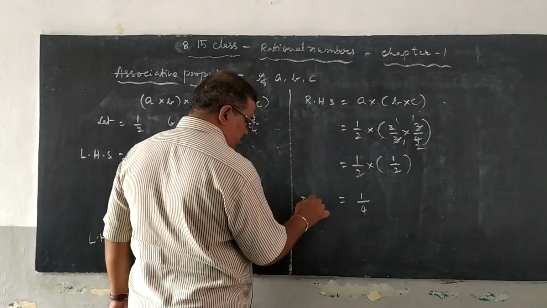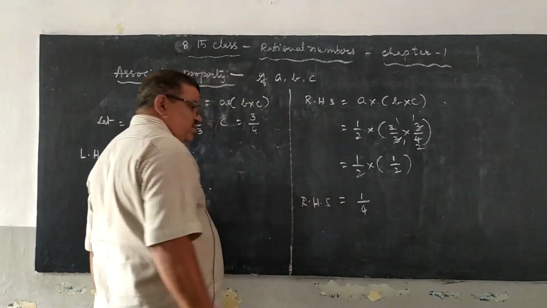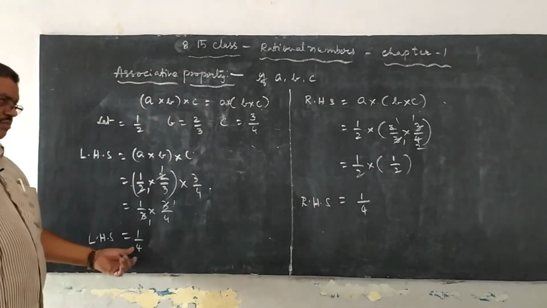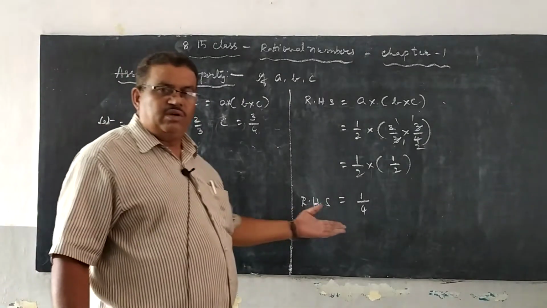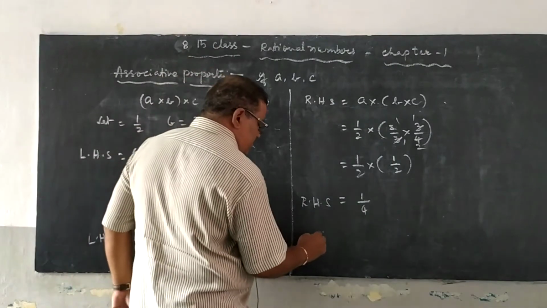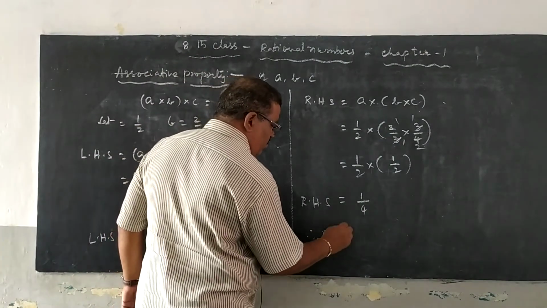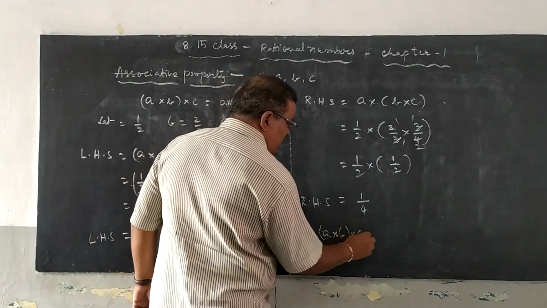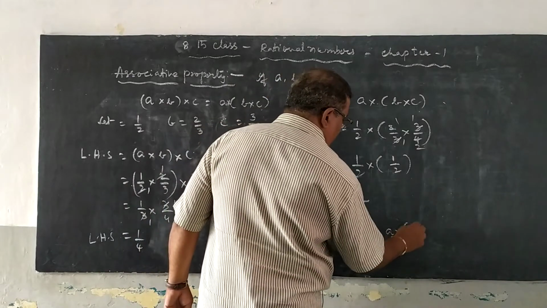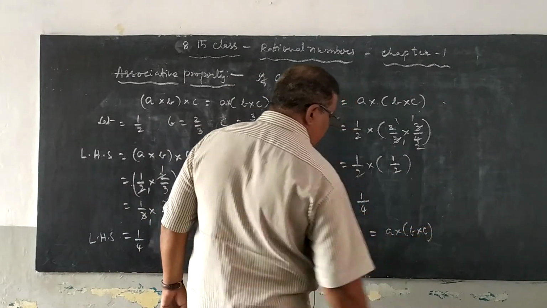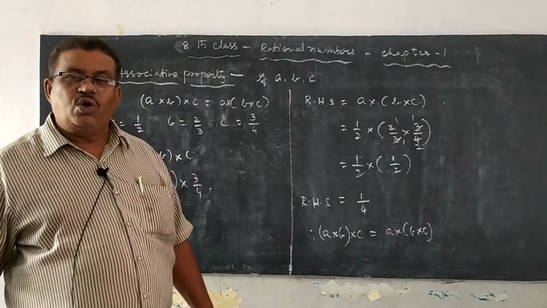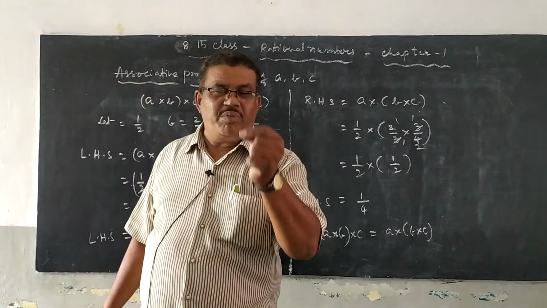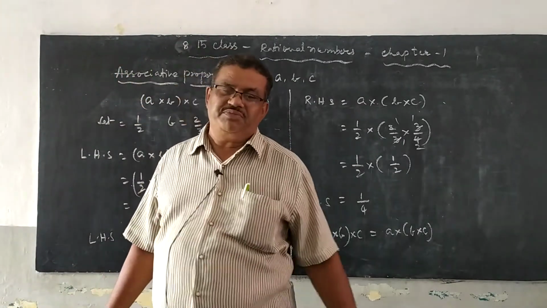So RHS is 1 by 4. Clearly LHS is 1 by 4, RHS is also 1 by 4. So A into B, into C is equal to A into, B into C. Hence, the set of rational numbers holds the associative property under multiplication.